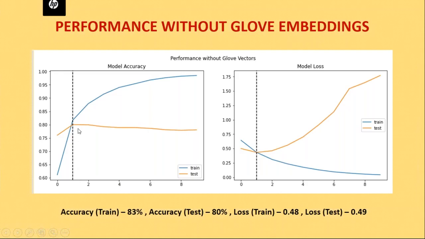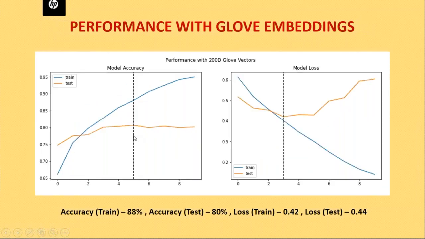Just after the first epoch, I am getting around 83 to 80%. So what is the performance by considering the GloVe embeddings? Here you can see the model has converged well when compared to without GloVe embeddings. Here the training accuracy is 88% and the testing accuracy is 80%. Here I have used 200 dimensions GloVe vectors.